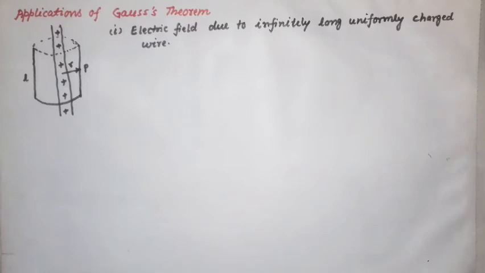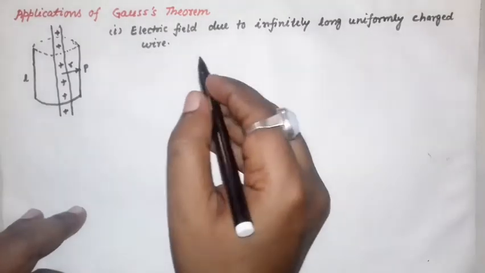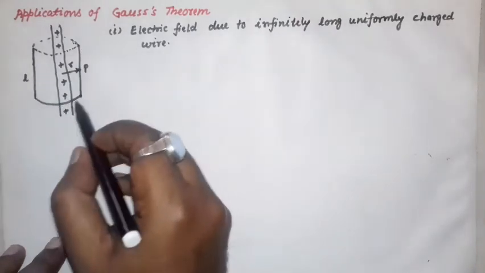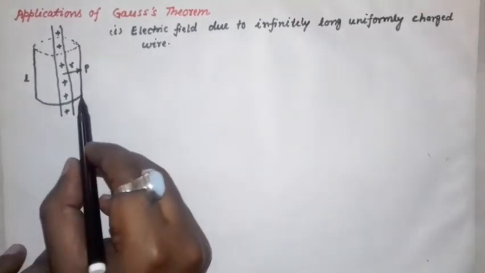तो Gauss theorem से हम किसी long uniformly charged wire के इलेक्ट्रिक फील्ड को कैलकुलेट कर सकते हैं. Suppose this is the given wire and we consider this wire as cylinder.